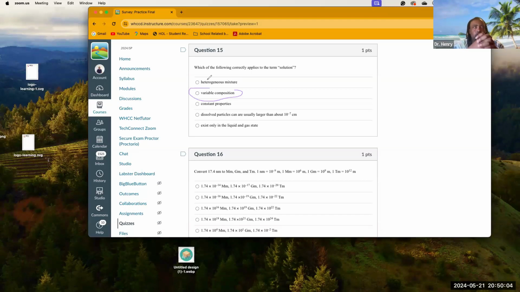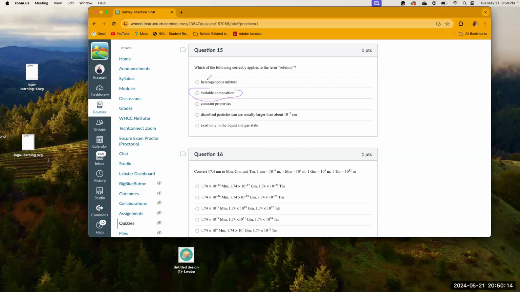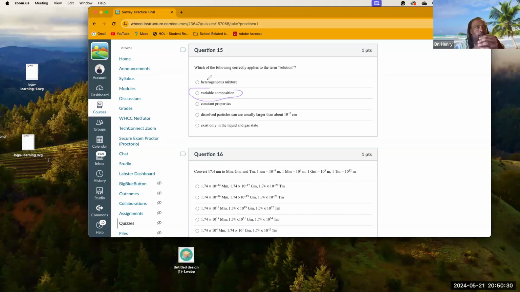Does that make sense? Let me give you an example. If I put salt and pepper together, we can distinguish between salt and pepper visually, right? But it's being mixed together. It's a mixture, it's a solution. If I put oil and water, we can distinguish between those. It's going to be a solution, but they're going to be separated from each other almost automatically, unless I shake them up and they form little pockets of oil bubbles.